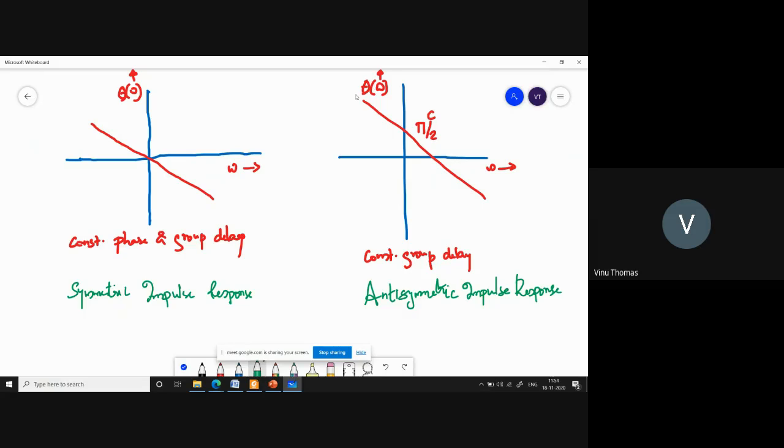Whereas for this one, where the phase characteristic passes through an offset, the phase delay for different frequencies is different, and the group delay suffered by the composite signal that comprises all the constituent sinusoids is constant. So which means the narrowband signal that is applied to the linear time varying system will come out of the system without any phase distortion.